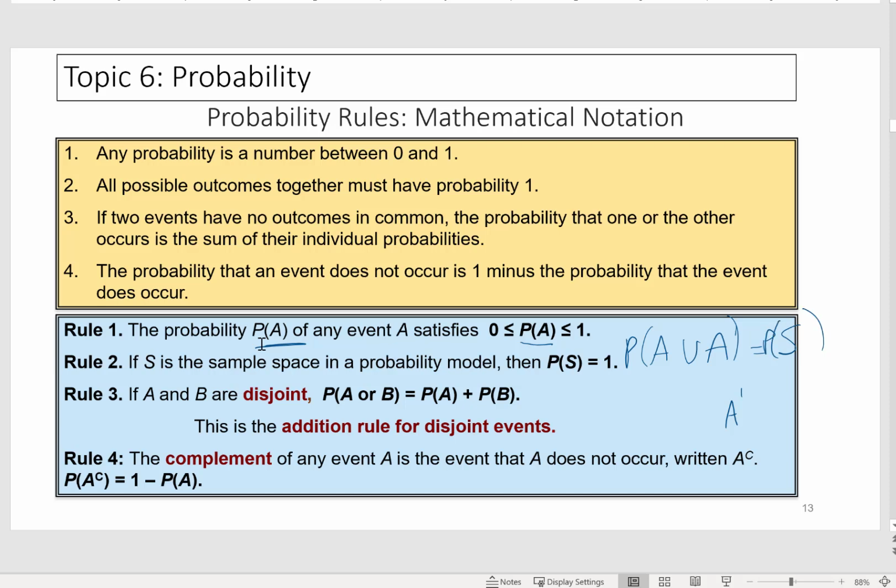And since those are disjoint, you'd say the probability of A plus the probability of A complement. We just learned that in Rule 3. And we know the probability of the sample space has to equal 1. Now you can make this equation. So we also know that the probability of A would equal 1 minus the probability of A complement. I'll use the prime so you see both C and the prime.